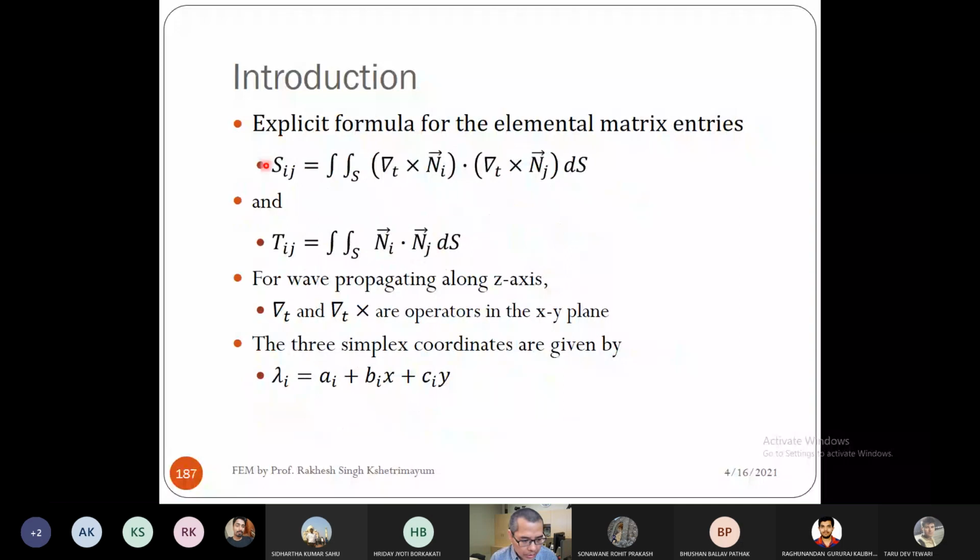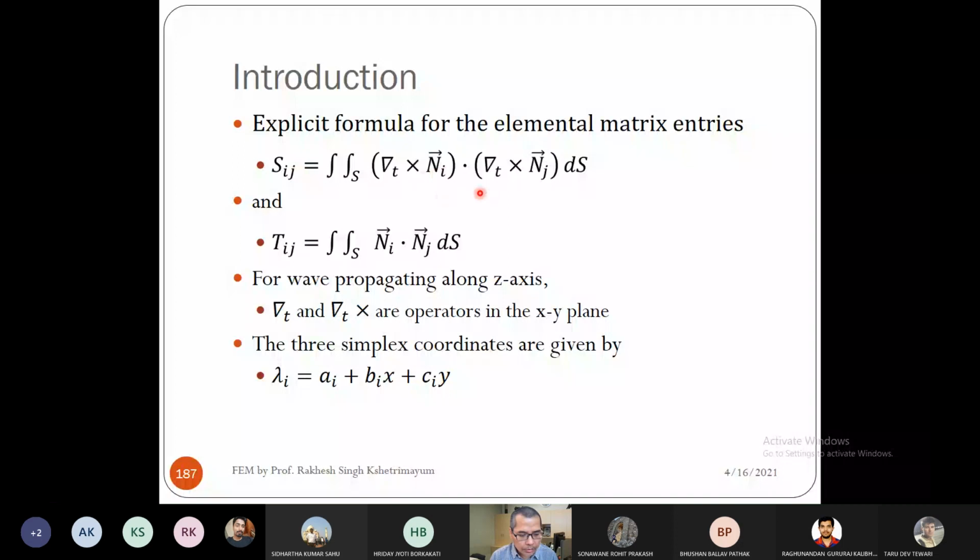What you observe here is that our S matrix and T matrix are dependent on the vector interpolation functions Ni and Nj. This is a little bit different from what we have observed until now. We never used any kind of vector basis function till now. But the process is very similar, except that our basis element has been replaced by a vector basis element.